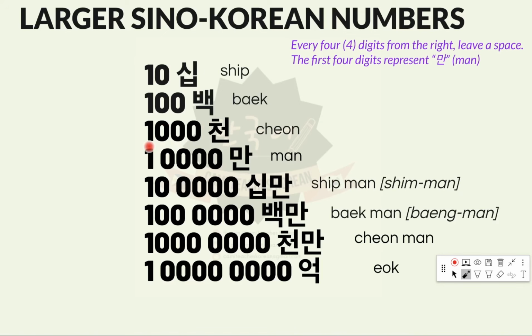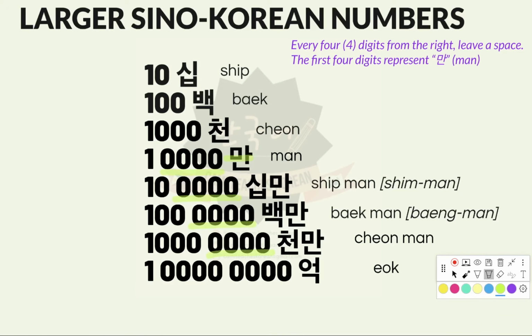So our point of reference, as I said earlier, nasa man po siya. So we will always look at the 4 digits. So ang basis po sa Korean way, quote-unquote Korean way of learning Sino-Korean numbers po, ang point of reference ay man. So ang man po is every 4 digits. 4 digits, 4 digits, 4 digits.